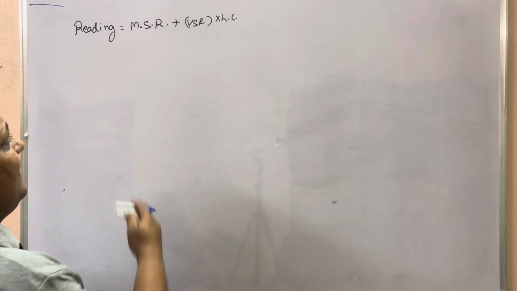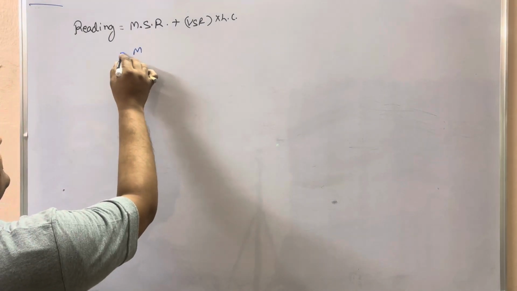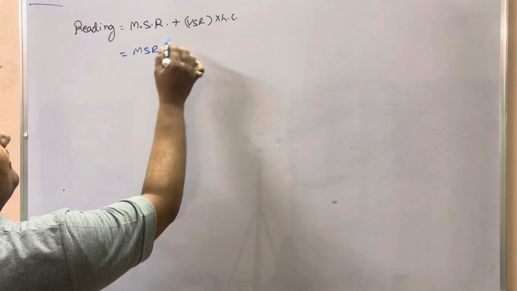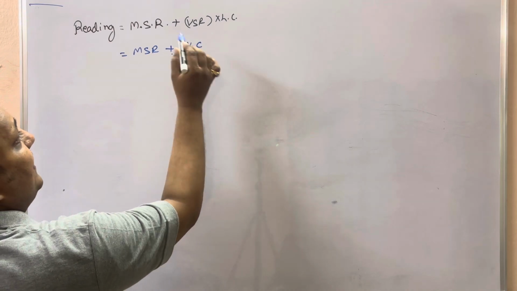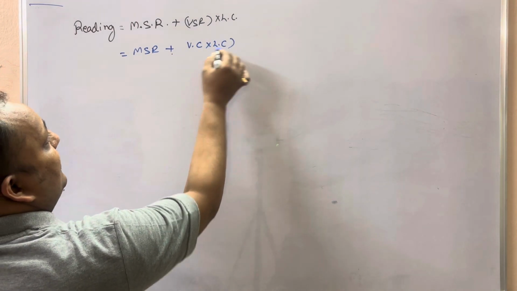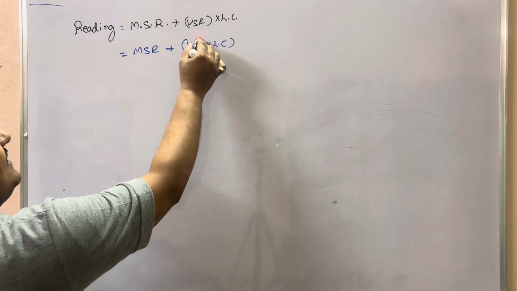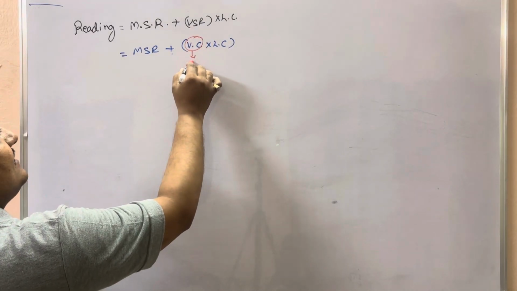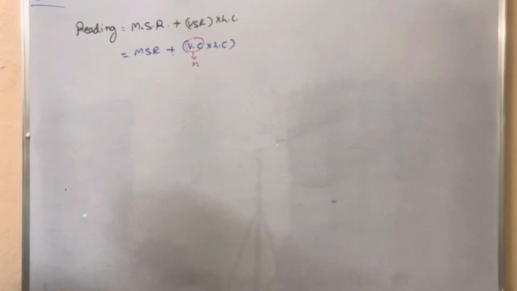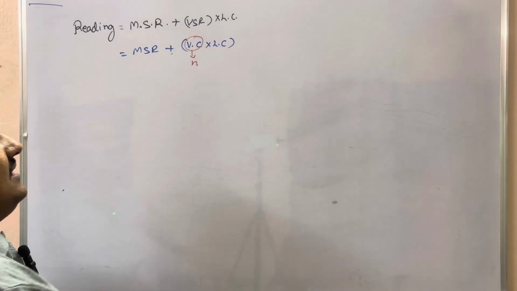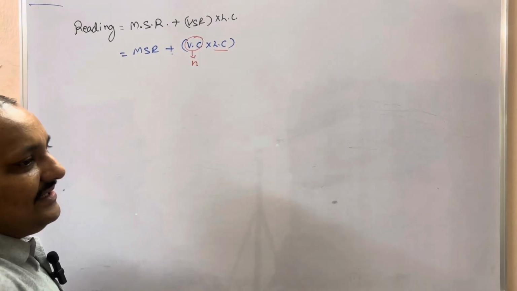Otherwise they will write it as MSR plus vernier coincidence into least count. In some books, they represent this vernier coincidence as small n. Okay, how to take the reading? Least count we already discussed.